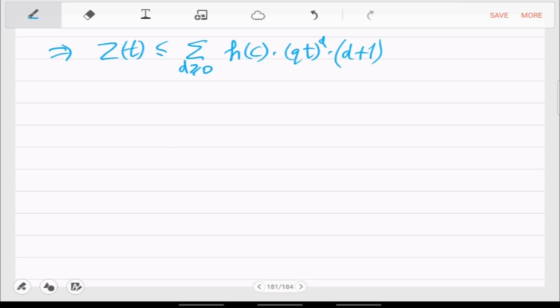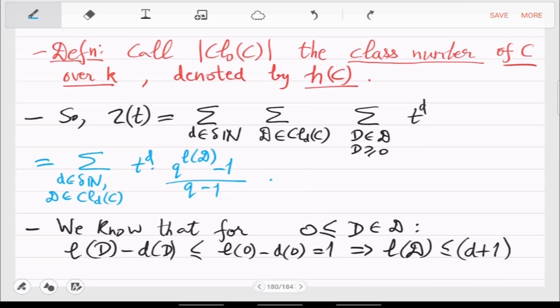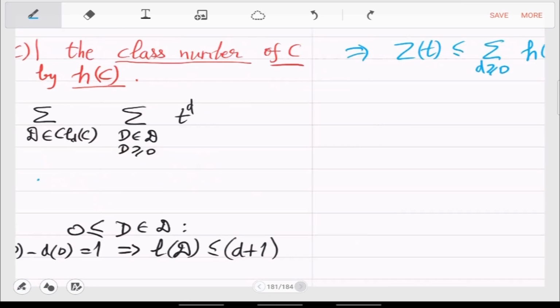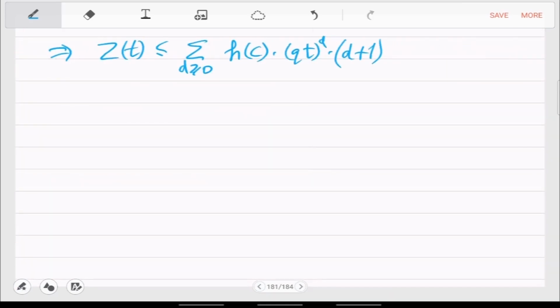I am not evaluating it, it's still a power series. So this upper bound we immediately get, and so we can now write down a proposition about how this power series converges.